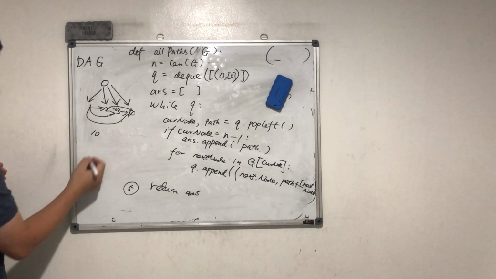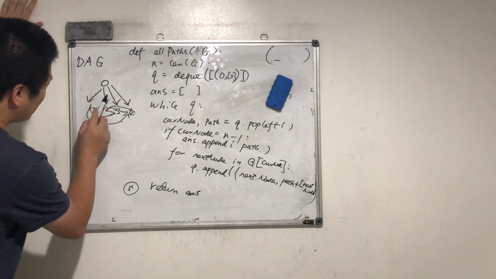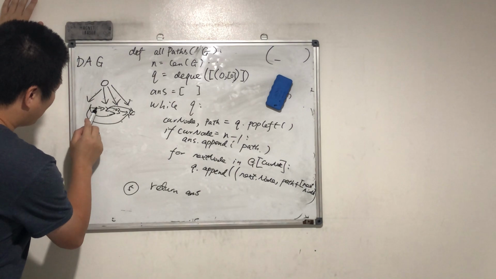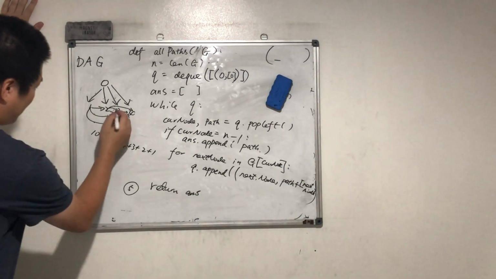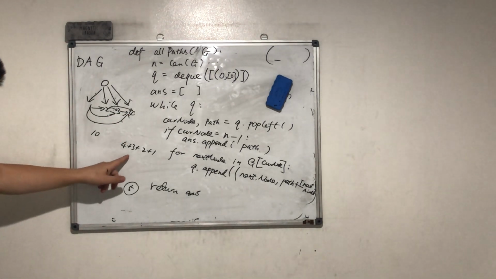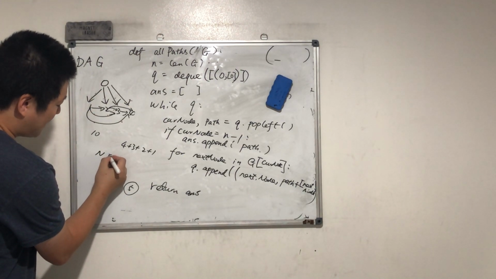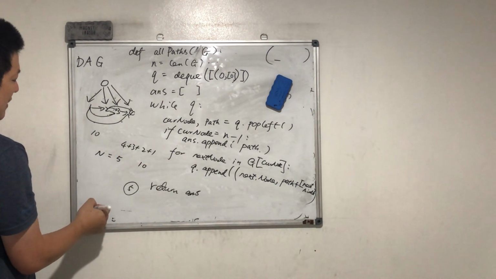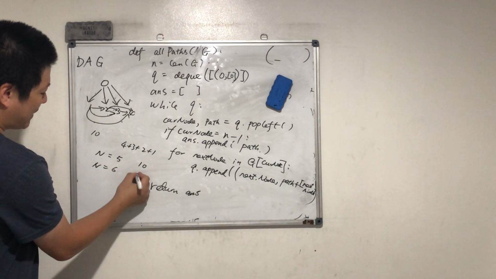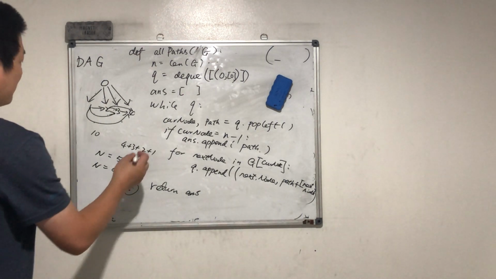There are 5 nodes and 10 edges: 4 plus 3 plus 2 plus 1 is 10 edges. So when n is 5, it is 10 edges. When n is 6, it is 15 edges, right? We can do this again.